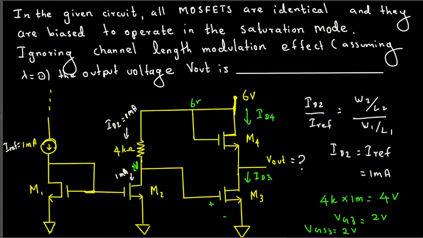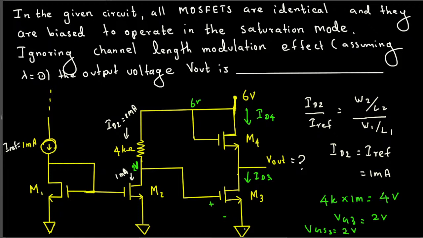We did it here because we saw the current 1 milliampere flowing through the 4 k ohm resistor. That makes a voltage drop of 4 voltage, and it started with 6 minus 4, we got 2 voltage right here. That was our gate voltage for VG3, and VGS here is VG minus the V source.